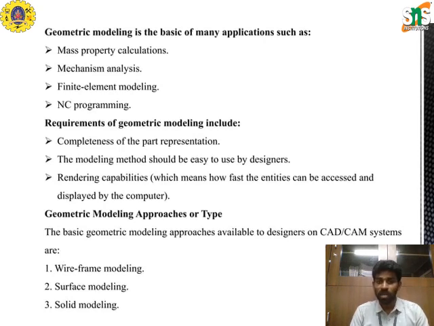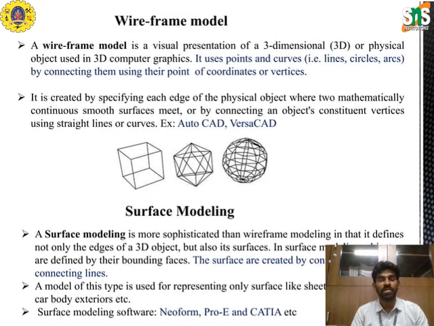The geometric modeling approaches are basically three types of CAD systems: wireframe modeling, surface modeling, and solid modeling. This is an example of wireframe modeling and surface modeling.